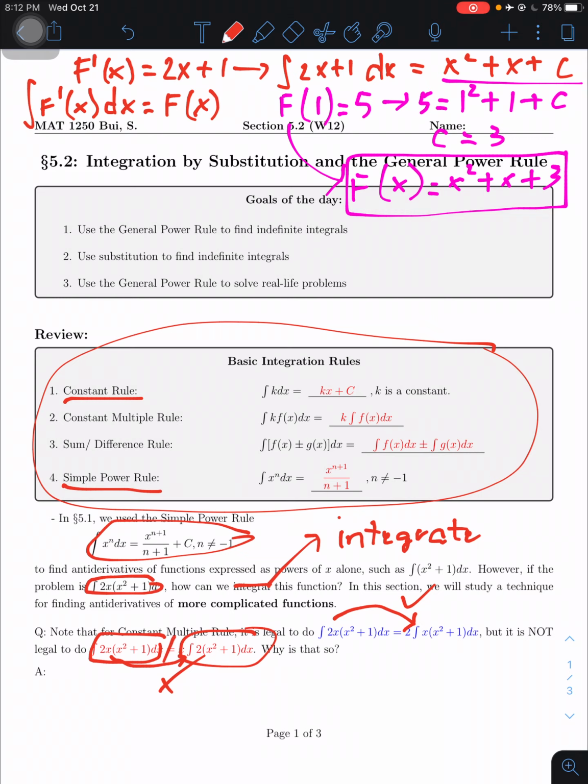We don't know the technique to solve them yet, so I cannot show you the answer to each of them and compare. But trust me, the answers for these two are not equal to each other. Why? Because x here is a variable, not a constant, so we cannot pull it out. And 2 here is a constant, that's why we can pull it out.